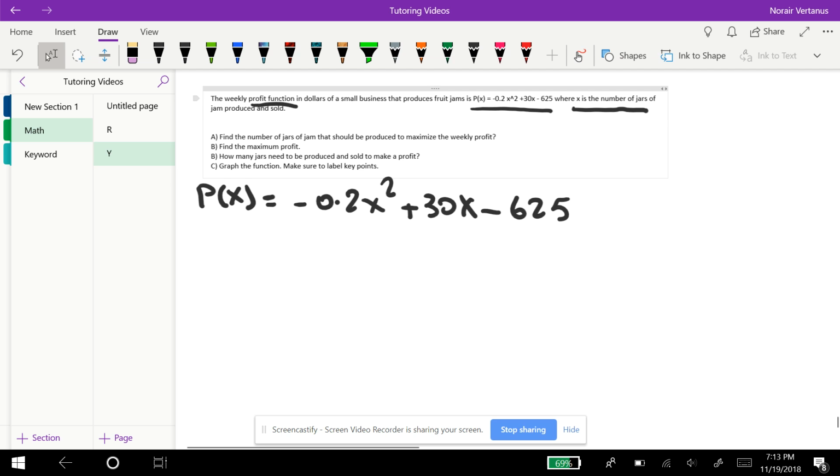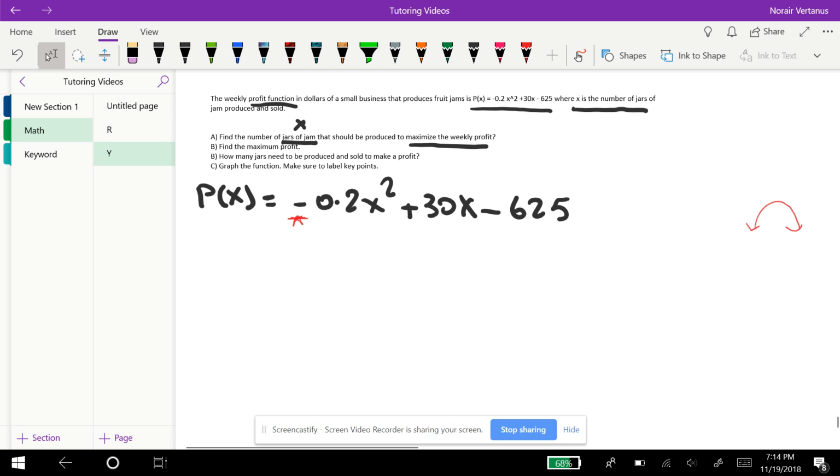Profit, P of x. So the first question is, find the number of jars of jam, the x they're looking for, that should be produced to maximize the weekly profit. Now, first of all, looking at this quadratic, P of x equal to negative 0.2x squared, this negative tells us that the parabola is concave down, looking down like this.